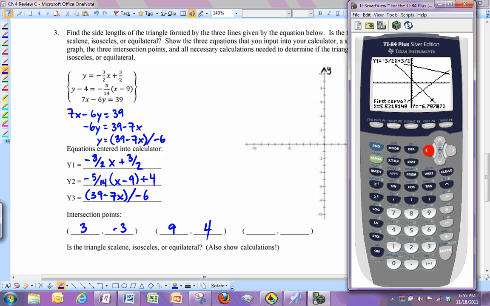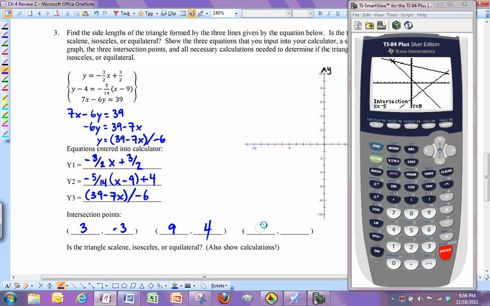That line works because it's one of the lines I need, so I'll mark this line and hit enter. That's the other line I need, so I'll hit enter. For guess, you can't really see where it hits because the equation's blocking it, but I'll move it over till I think I'm reasonably close. That looks pretty close, and I'll hit enter. There we go. Negative 5, positive 9.